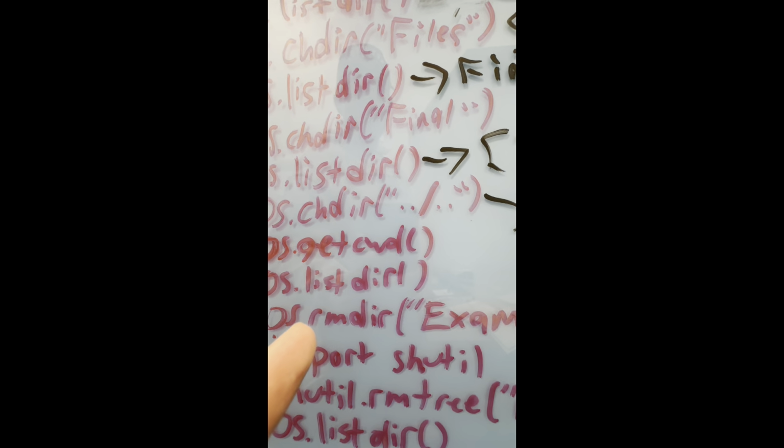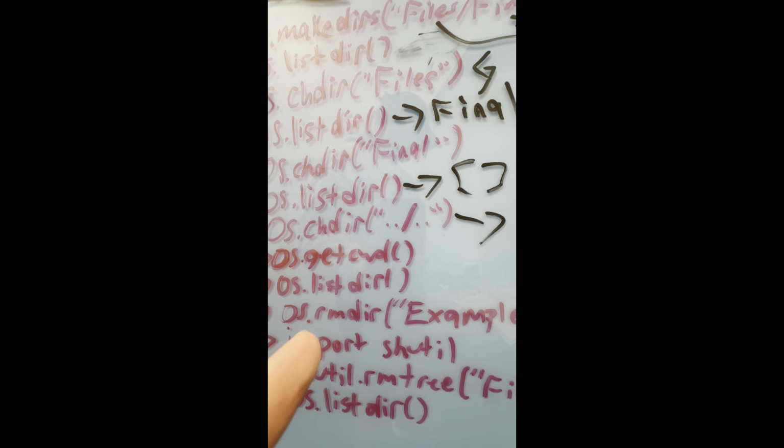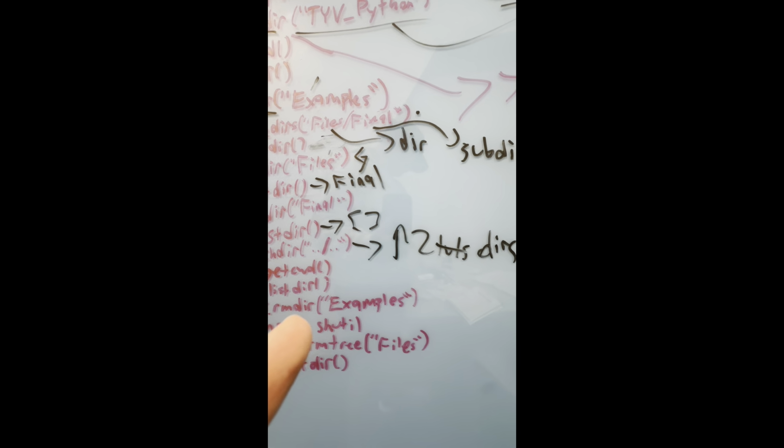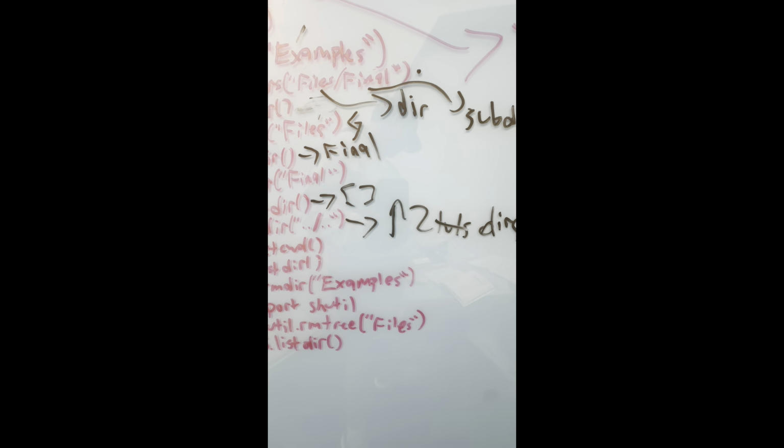Okay. Wait. Okay, so I guess, because on step 20, am I just stupid or something? Okay. So that's supposed to list the contents of the current directory, right?